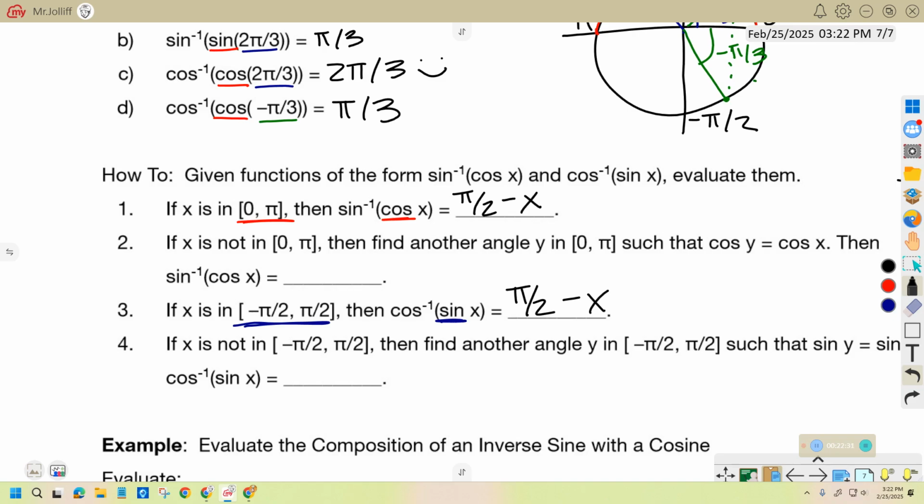If it's not in the appropriate region, we find a new angle y that is in the appropriate region that matches, and then we just do pi over 2 minus the new angle instead of the old.